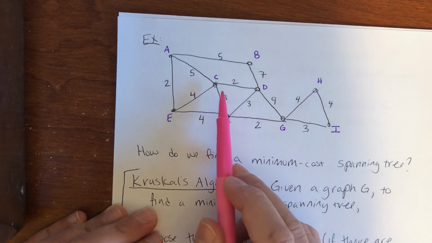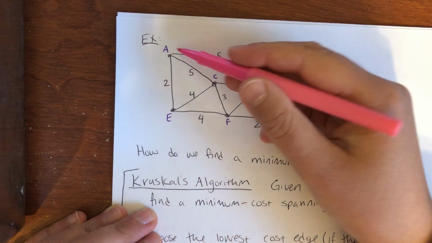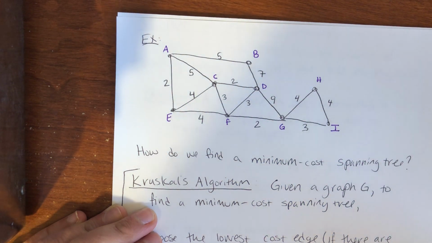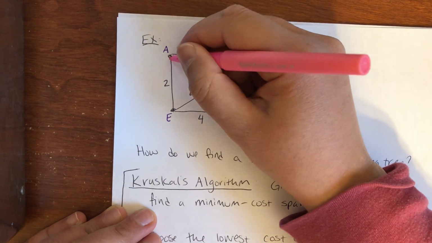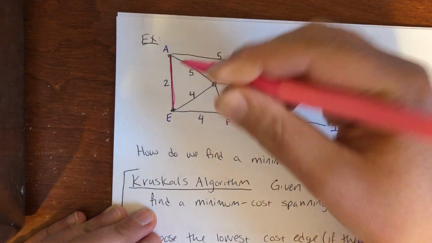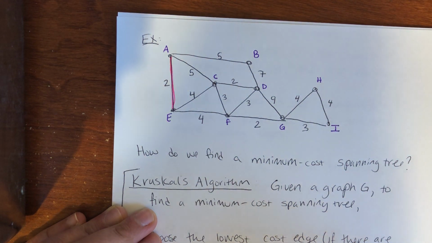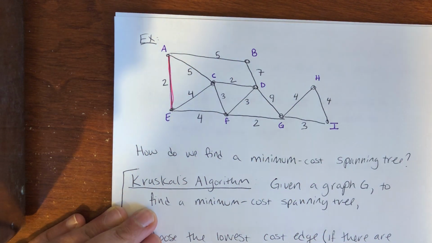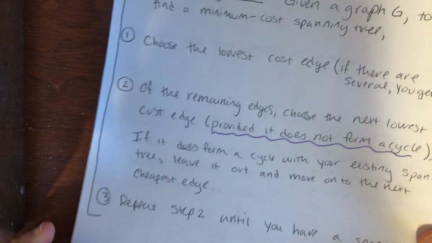There's FG, CD, and AE. They all have a low cost of 2. So I can choose whichever one I want. It doesn't really matter. I'm going to choose this one. So I'm highlighting this to say this is going to be in my spanning tree at the end. I'm going to choose this to put into my spanning tree, right? I'm not cutting it out. I'm actually choosing it. Okay.